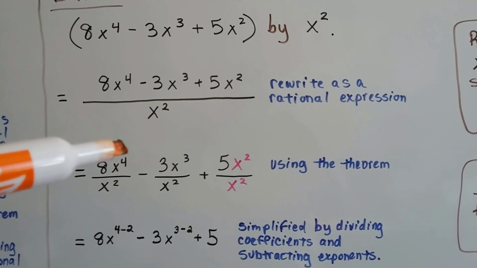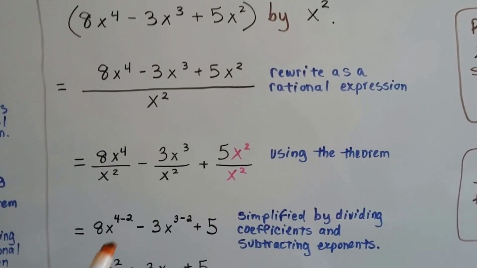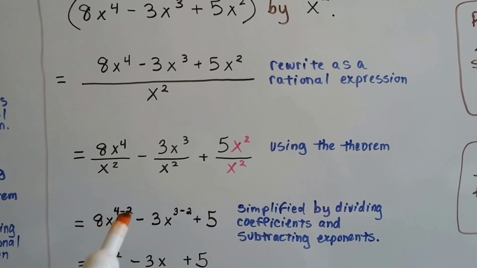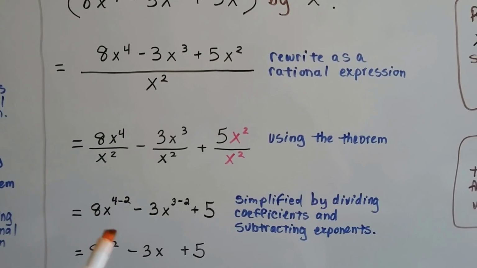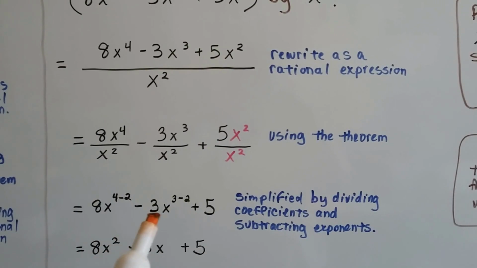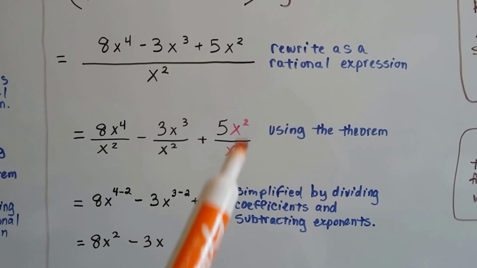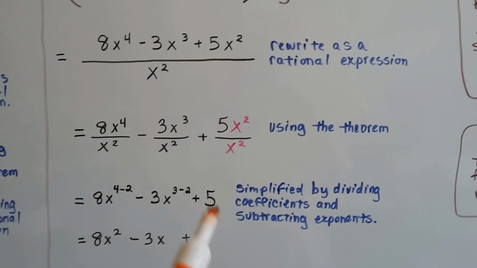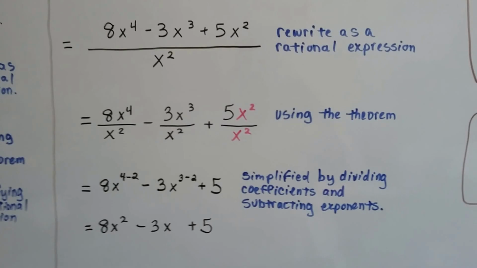So we're basically saying we've got an 8x to the 4th power, and we're taking away that x to the 2nd power. So that x becomes a 4 minus 2, doesn't it? See? Using that quotient rule, subtracting the exponents. Here we have a 3 minus 2 for our x. And here, these two cancel each other out, so we just have a 5. It would be like a 5 over a 1, wouldn't it? So it would be a 5.